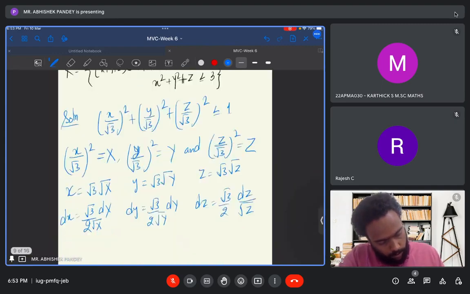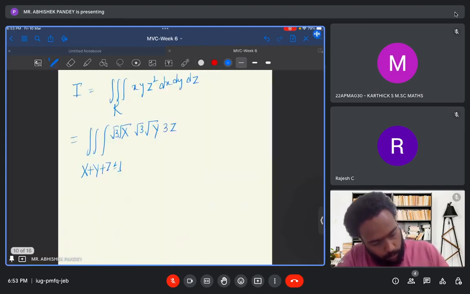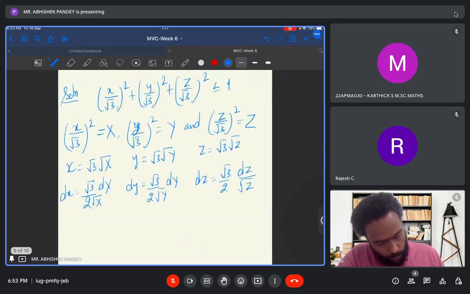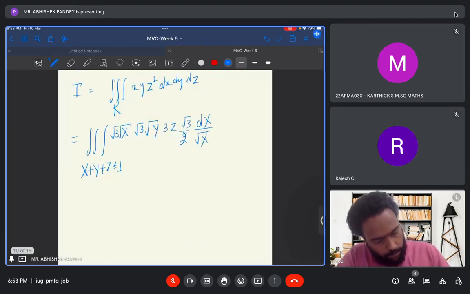Okay, dx will be root over 3 by 2 dx by root over x, dy will be root over 3 by 2 dy by root over y, and dz is root over 3 by 2 dz by root over z.